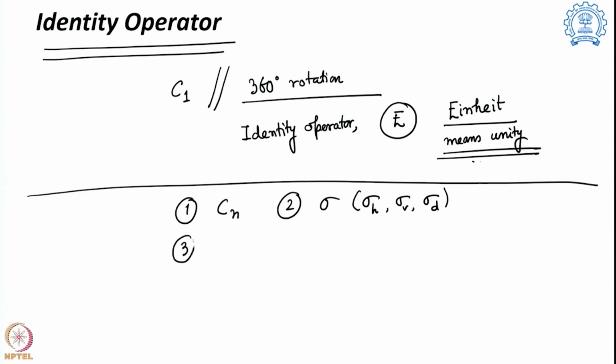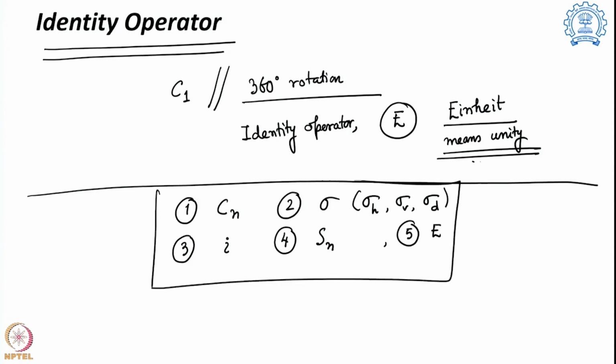Then we have gone through the center of inversion or i, and we have also gone through the improper axis of rotation or Sn, where we are doing a rotation and reflection consecutively. And if we also put this operator E in the bunch, all these 5 we can put together in a group which is known as a mathematical group.